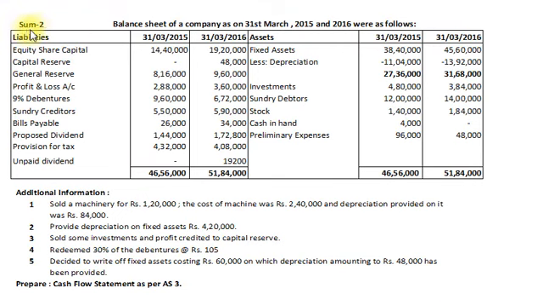Here is the sum. We have a balance sheet of a company as on 31st March 2015 and 2016. On the liability side we have equity share capital, capital reserve, general reserve, profit and loss account, 9% debentures, sundry creditors, bills payable, proposed dividend, provision for tax and unpaid dividend.